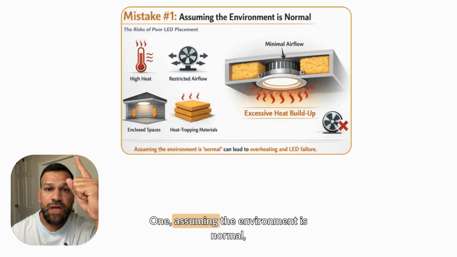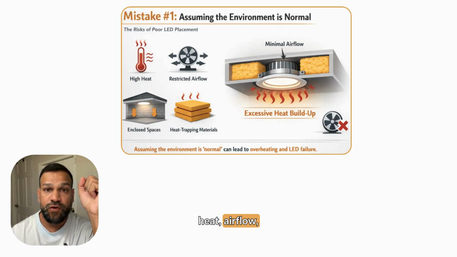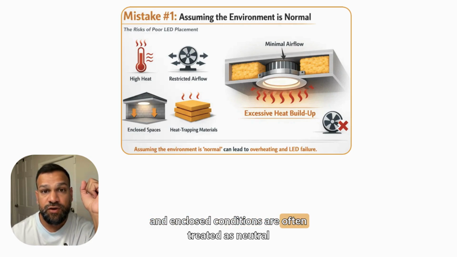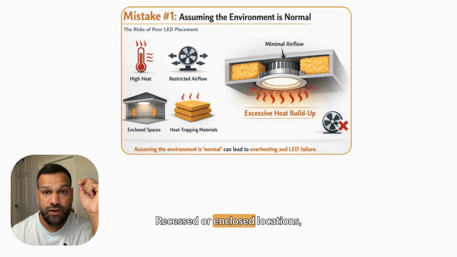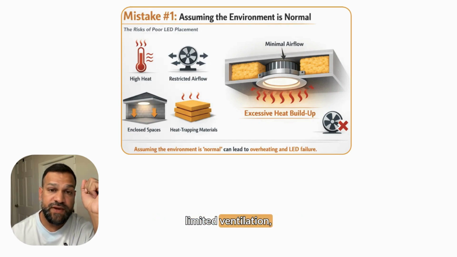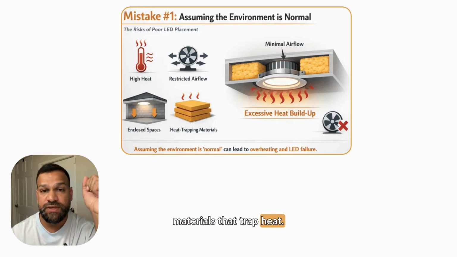1. Assuming the environment is normal. Heat, airflow, and enclosed conditions are often treated as neutral when they're not. Recessed or enclosed locations, limited ventilation, materials that trap heat.